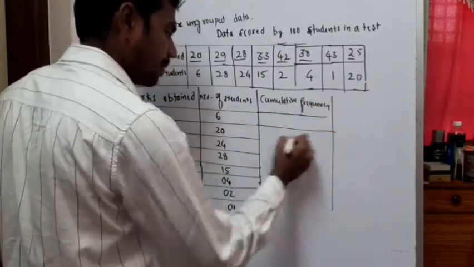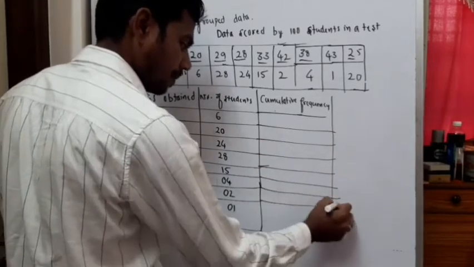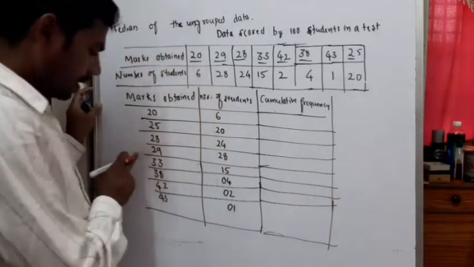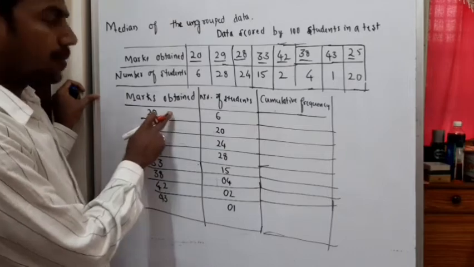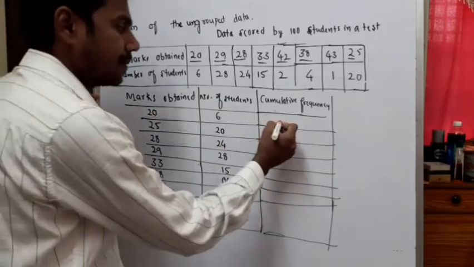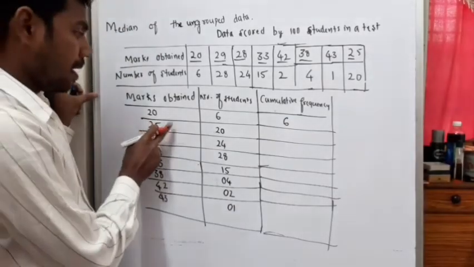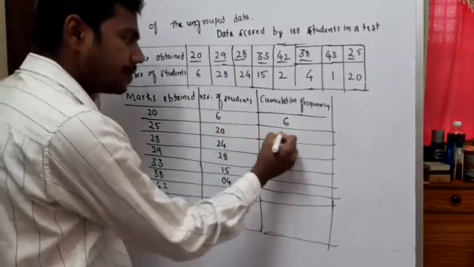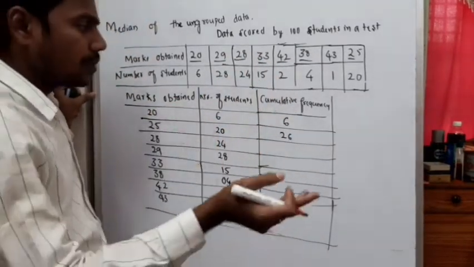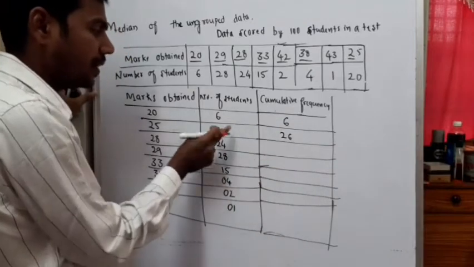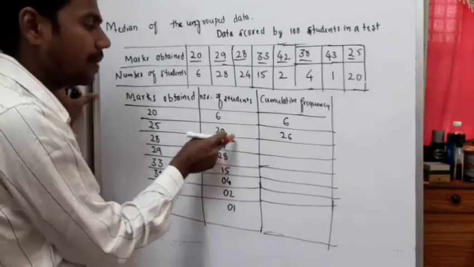See, the number of students who have scored marks less than 20 means 6, and less than 25 means we need to add these to 26. So to get the cumulative frequency means successive addition. We just need to add the succeeding number to the previous number.